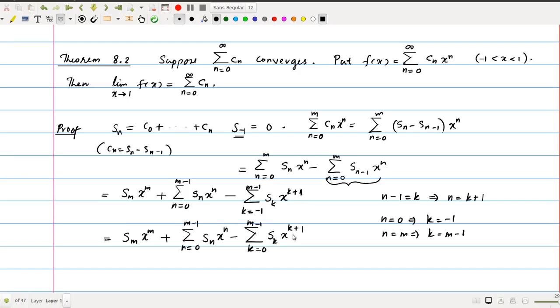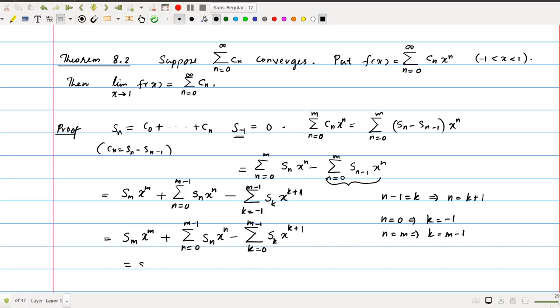Now we can take one x from this. This sum starts from the term S_0, and S_0 is defined as c_0 itself. So S_0 x^1, plus S_1 x^2, plus etc. All the terms of the sum contain x, so we can take one x out of the sum.